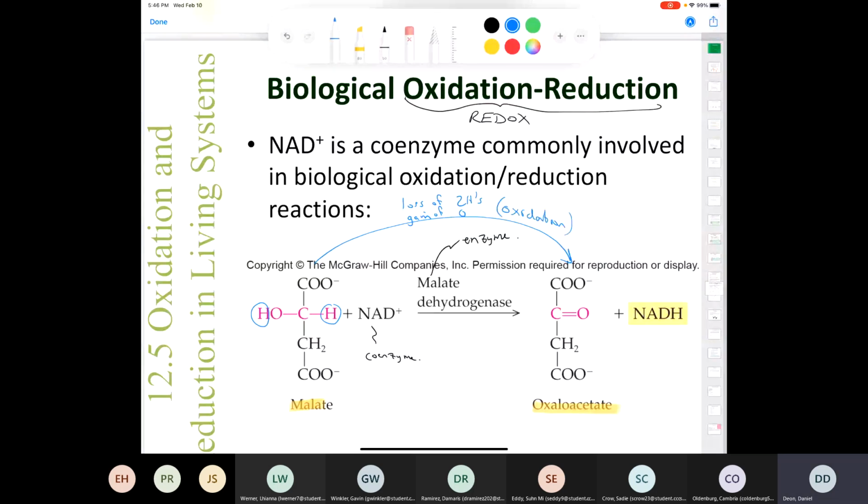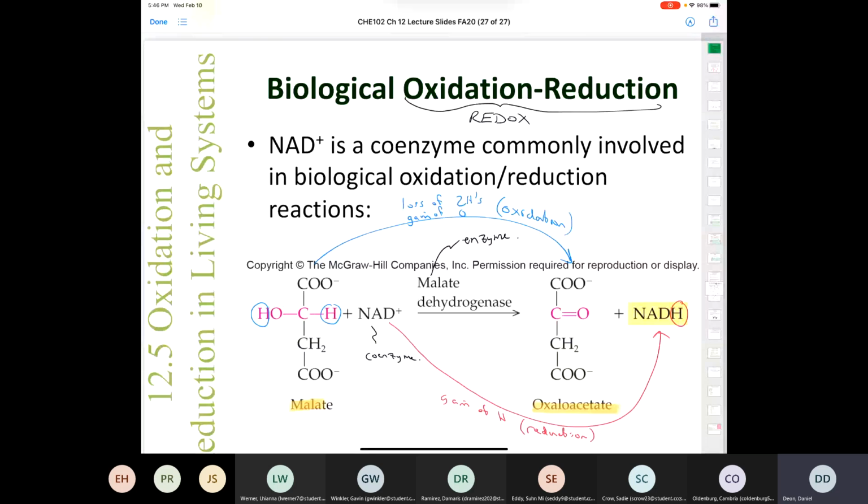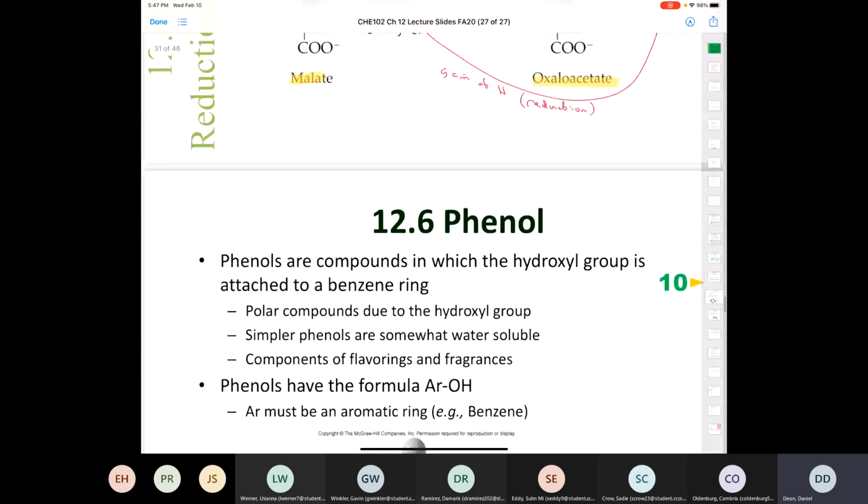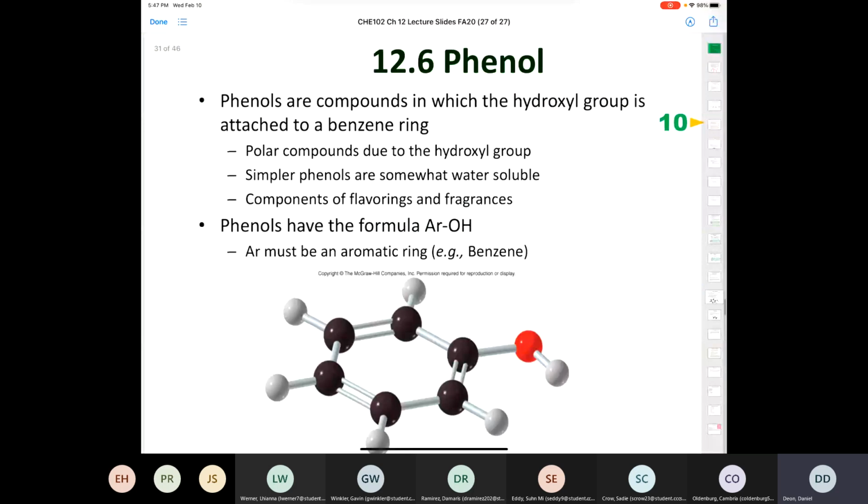Well, if you look at the NAD+, it's going from NAD+ to NADH, and the H stands for a hydrogen. So this is gain of hydrogen, and therefore this is a reduction, right? You can't have one without the other. There we go. So that's something that we're going to see later on in the class, but I want you to understand what's going on here, that the malate is being oxidized to oxaloacetate, and that the NAD+ is being reduced to NADH. Well, let's switch over to section 12.6, which deals with phenol.